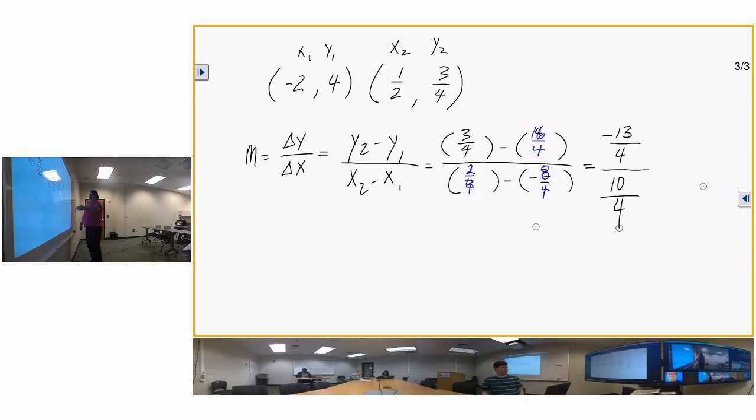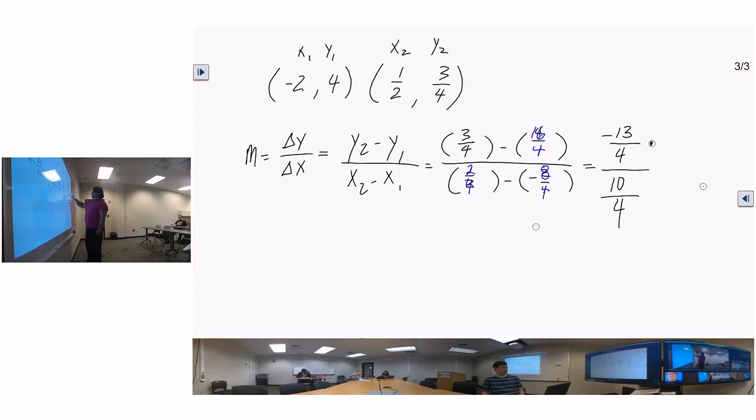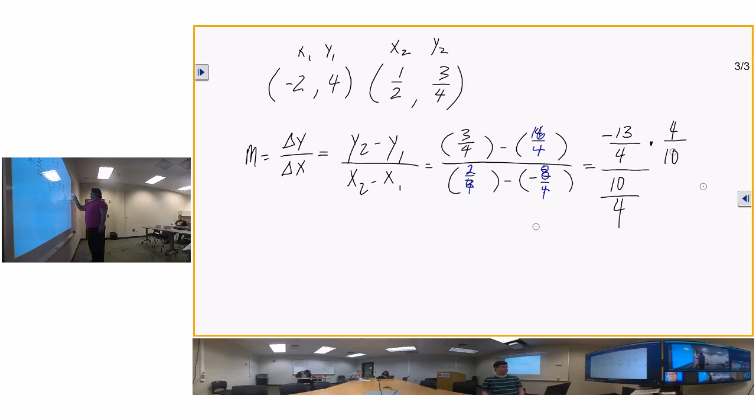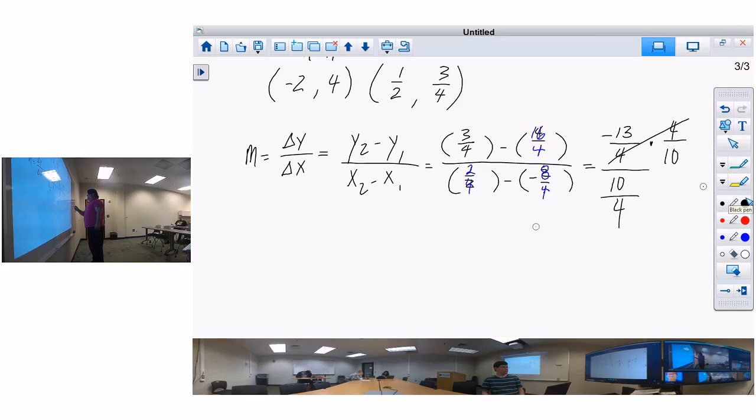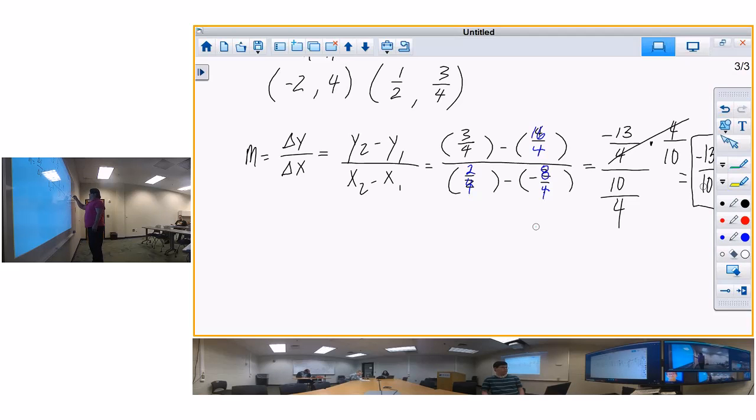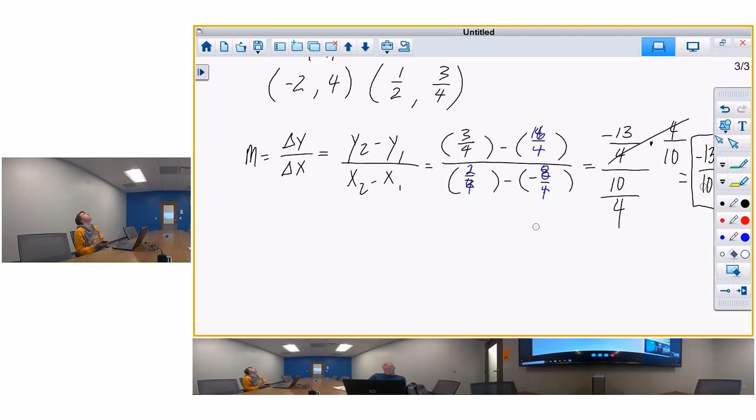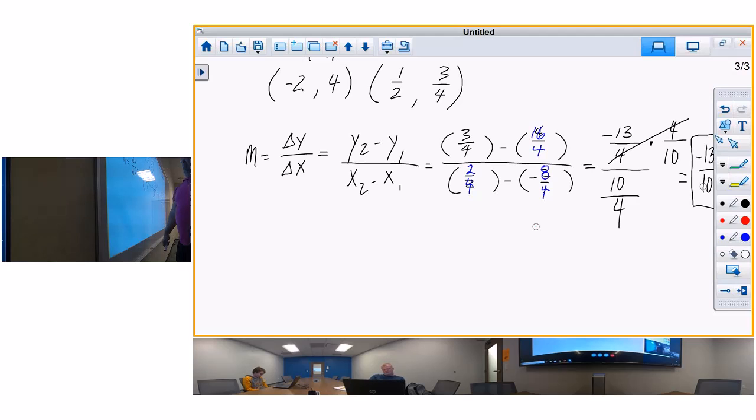When you divide by a fraction, you multiply by the what? Reciprocal, Hubert. And I get negative 13 tenths. And I guarantee you some of y'all didn't get that. But I'm trying to be positive. I hope you got it. No comment again. So m is equal to negative 13 tenths.